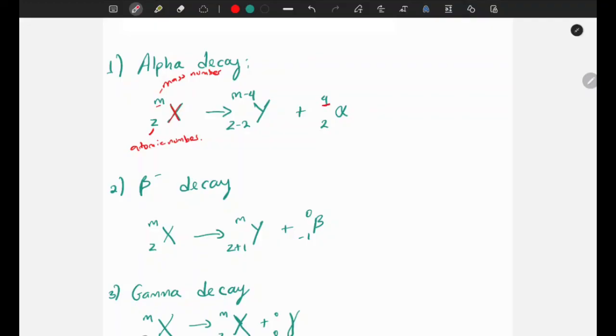This alpha particle has a mass number of 4 and atomic number of 2. In any equation, the total mass number on one side should equal the total mass number on the other side. So the new nucleus formed is going to have a mass number of M minus 4 and an atomic number of Z minus 2, because 4 of the mass numbers went here and the 2 of it is over here. If we add this Y and the alpha particle together, we'd get the mass number and atomic number of X.